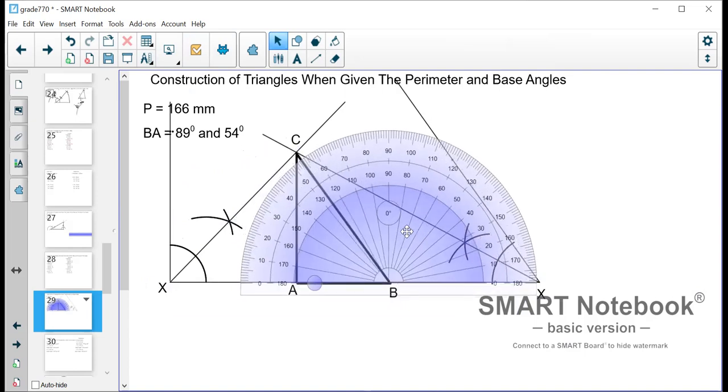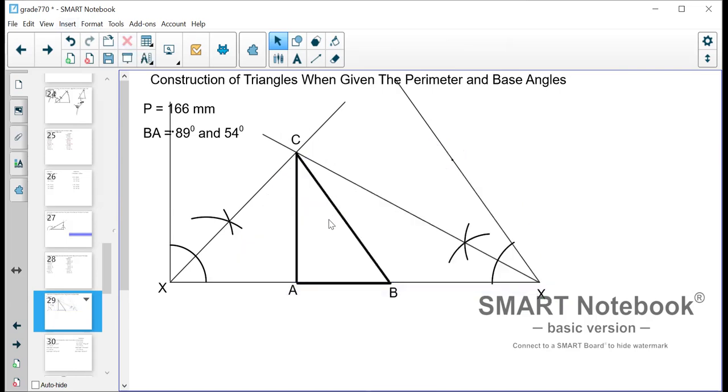Likewise, this one here should be 54, as you can see here. So we obtain a triangle whose perimeter is 166 mm and the two base angles are 89 and 54 degrees. All right, so that's it.